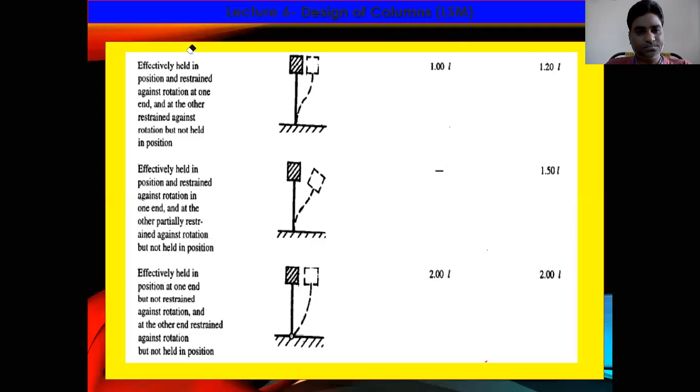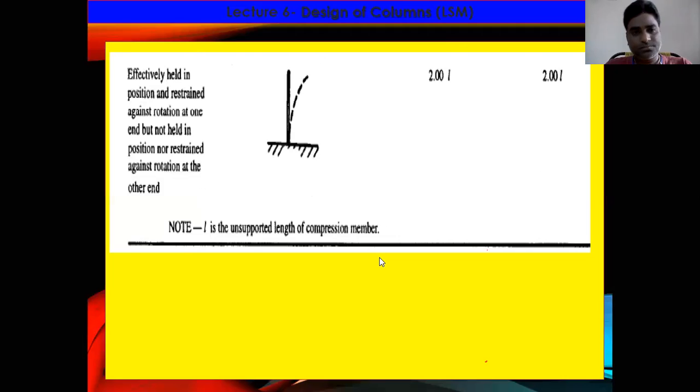Next is effectively held in position and restrained against rotation at one end, but not held in position nor restrained against rotation at the other end. That means one end is fixed and the other end is free.